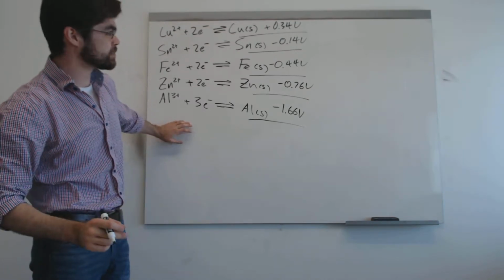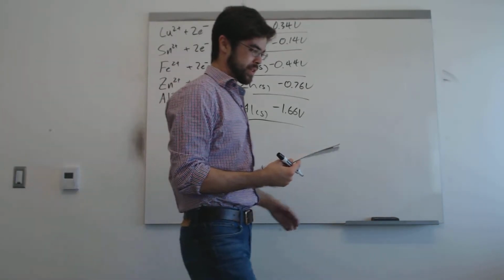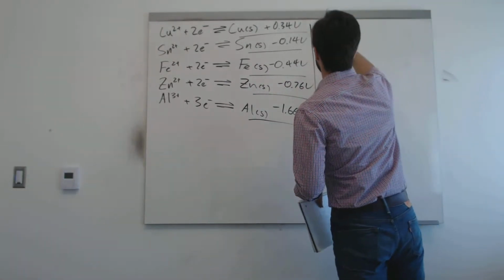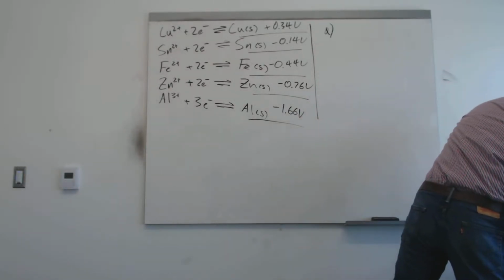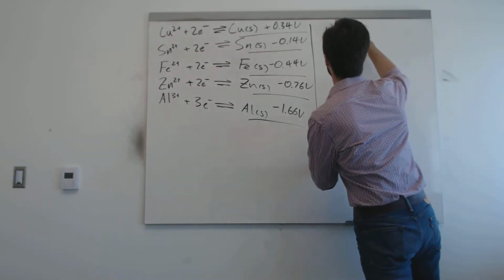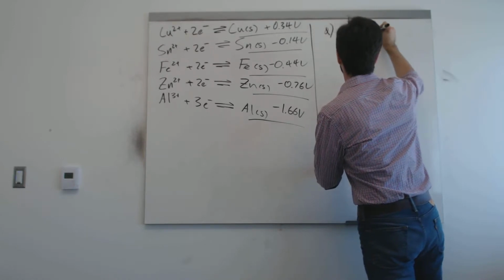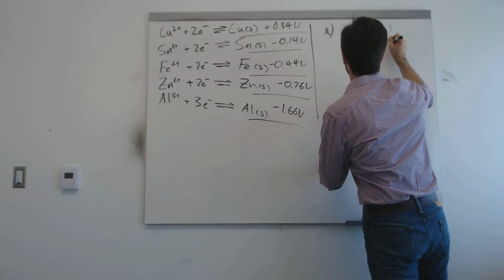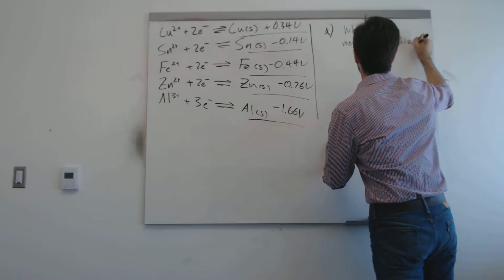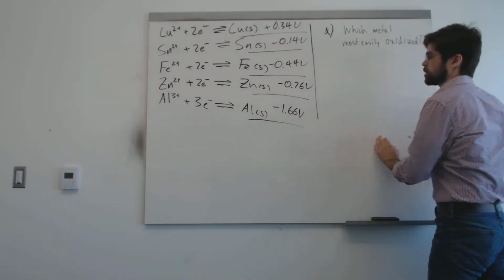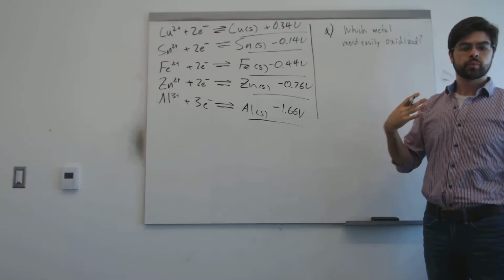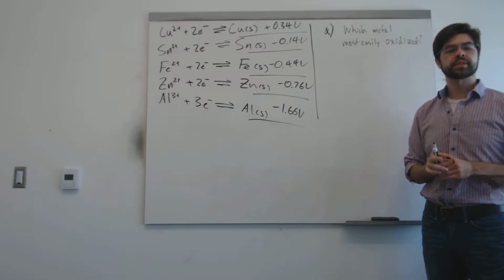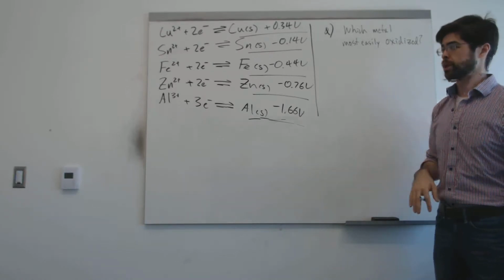So this might be a series of standard reduction potentials, and then based upon these standard reduction potentials, I've got a few questions. So here's a first question. Which metal is most easily oxidized? So, oxidation, oil rig, is describing the process of something losing electrons.